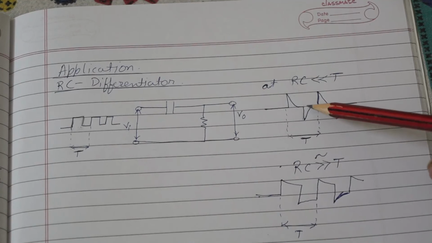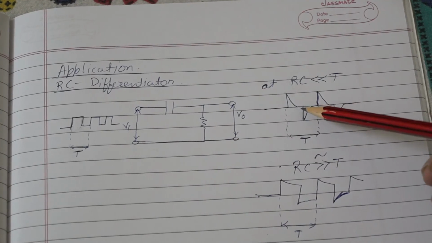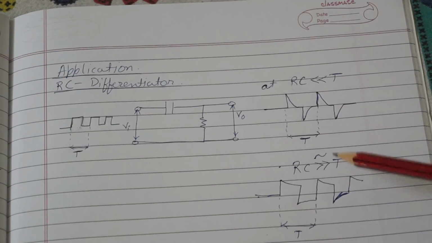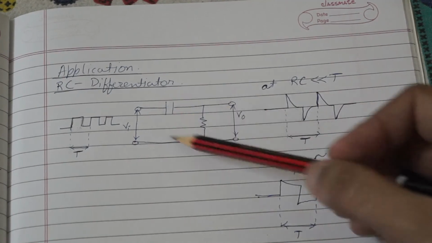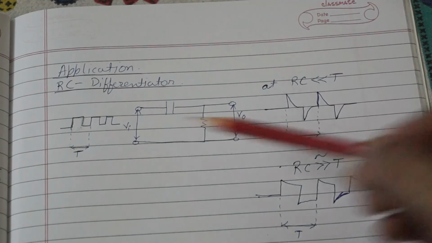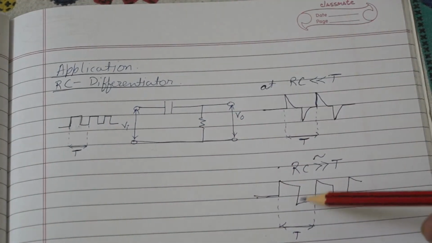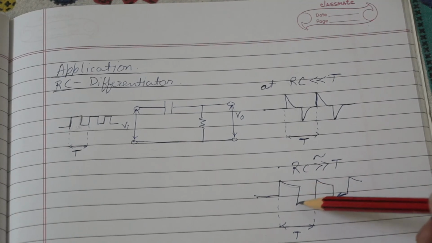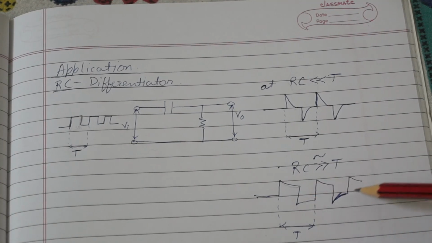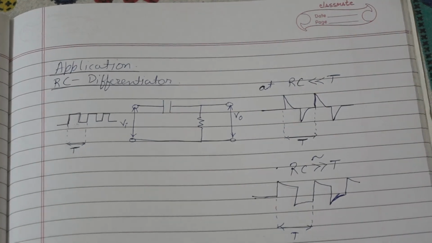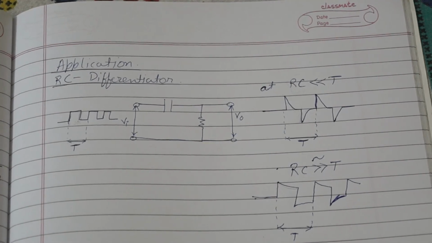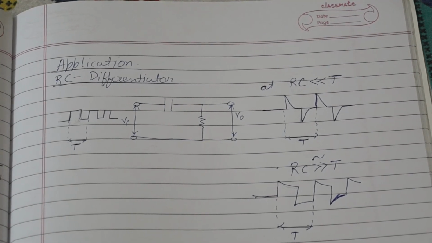So if we multiply this with any wave, we will get an impulse response. If the time constant of this filter is greater than the on time of the circuit, we will get a wave like this. So these are the wave shaping properties of the high pass RC filter. The low pass RC filter is used as an integrator, and the high pass RC filter is used as a differentiator.